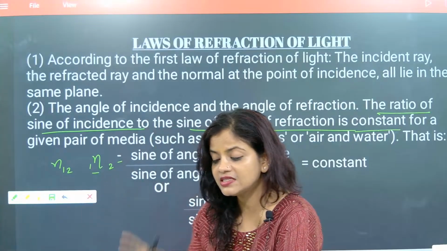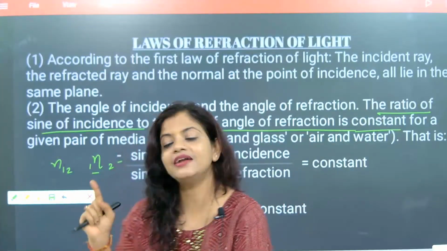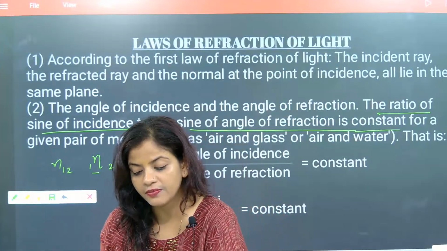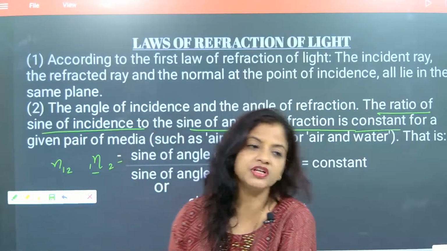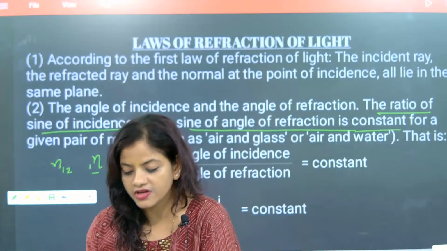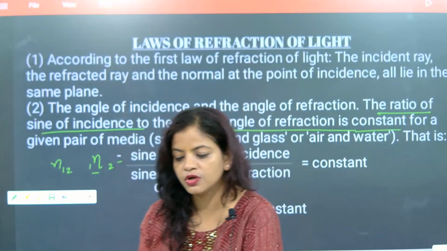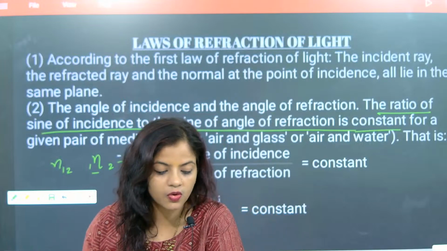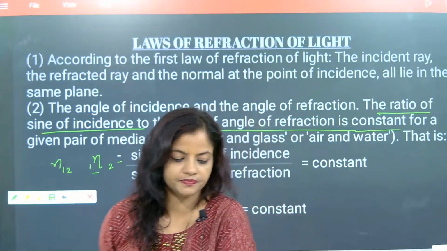When the light is traveling from a rarer medium to a denser medium, and from a denser medium to a rarer medium, at that time something happens: the speed slows down or the speed increases. So I'm going to talk about the speed slowing down.